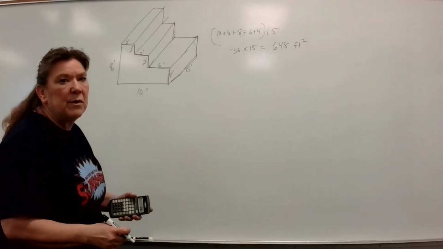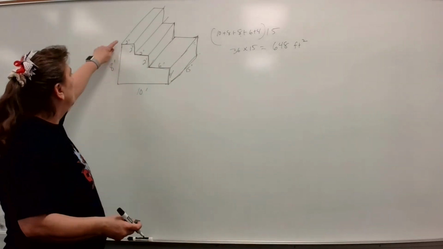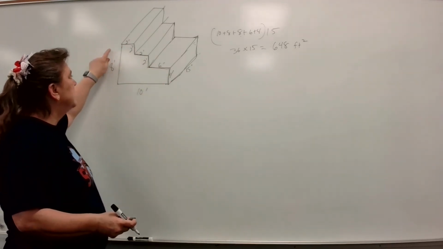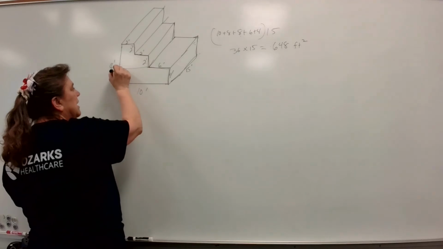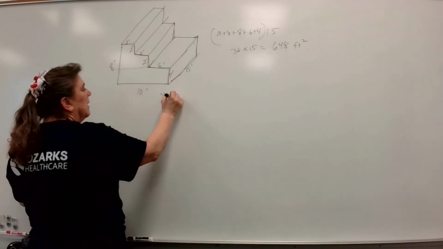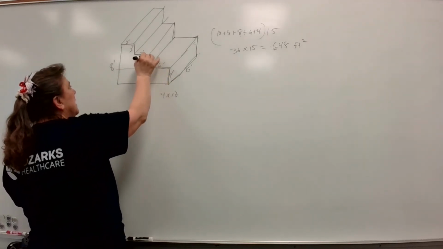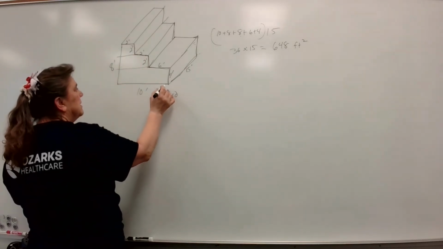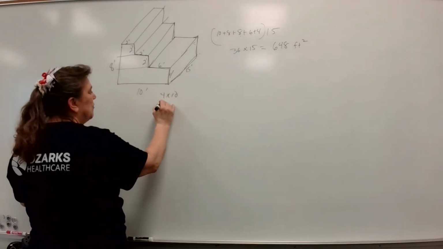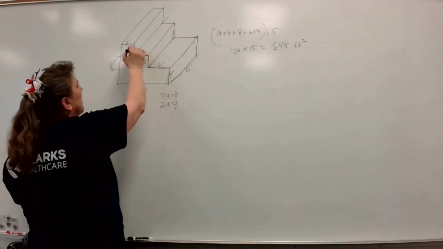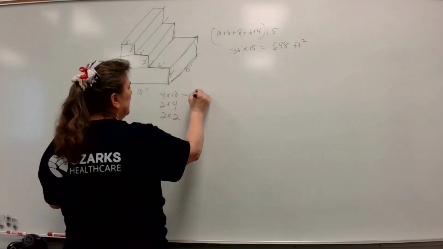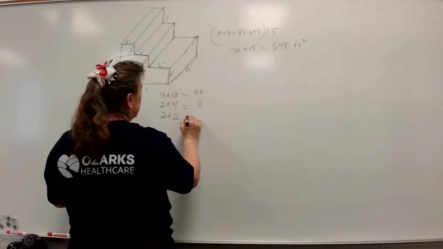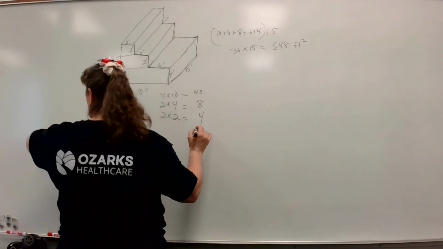Now, if we want the whole surface area, we are now going to have to calculate this here. And we can break it up into pieces. We'd have a 4 times 10, and then we would have a 2 times 6, 10 minus 6 is 4. And then you'd have a 2 times 2 at the top. And so this will give me 40 and 8 and 4.